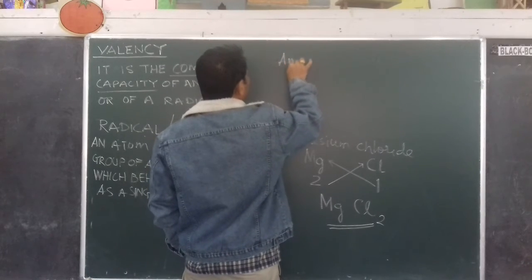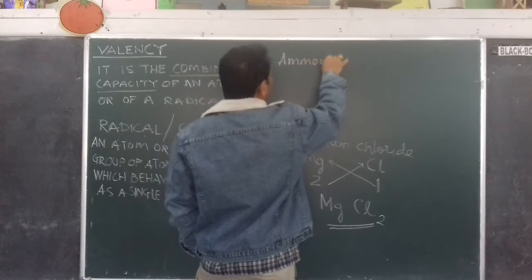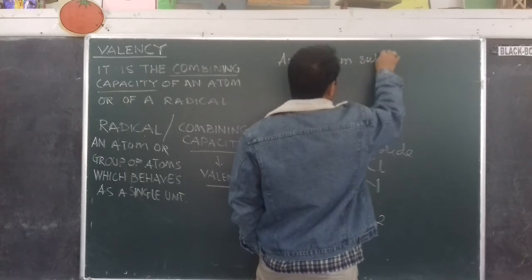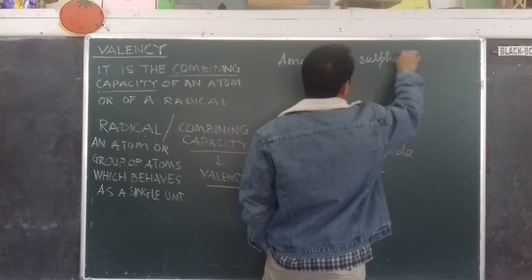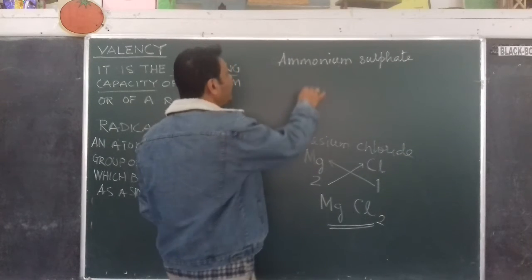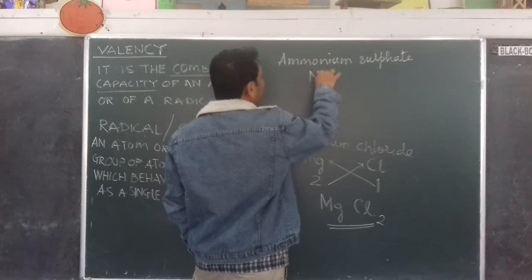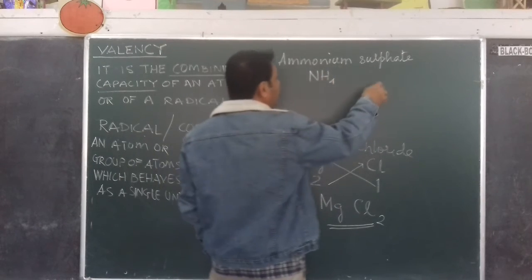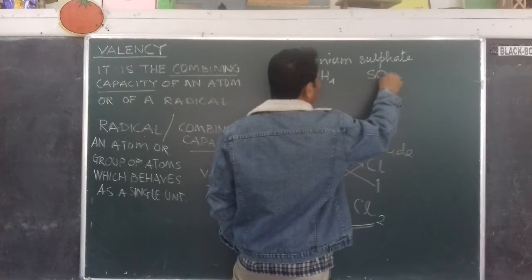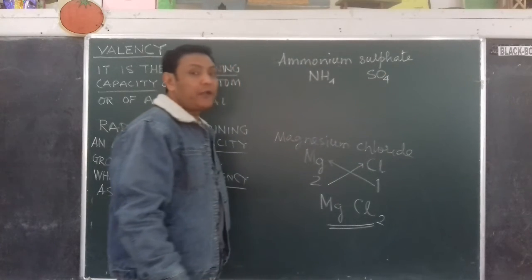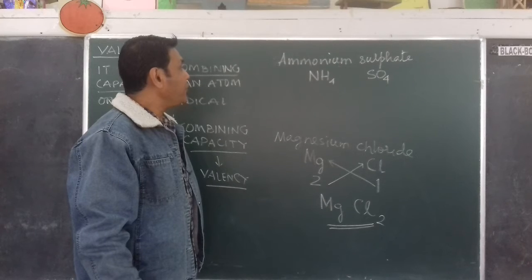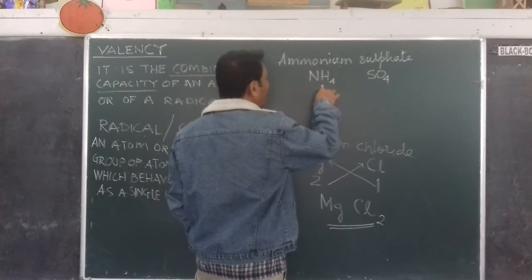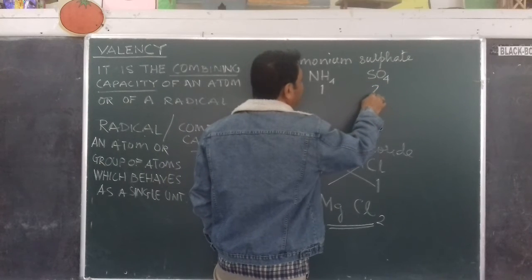Ammonium is a compound radical, NH4, and another compound radical, sulfate, SO4. NH4 valency is 1 and sulfate valency is 2.